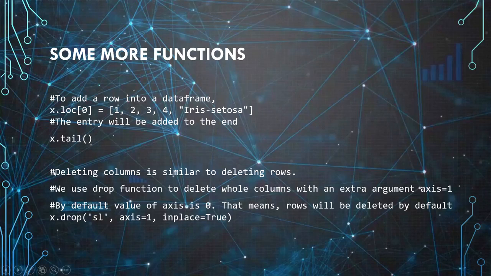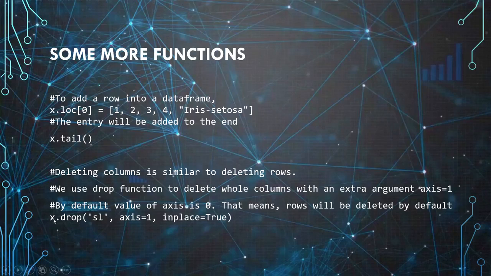And then next is deleting a column, which is similar to deleting rows. We use the drop function to delete the whole column with an extra argument axis equal to 1. By default the value of axis is 0, that means rows will be deleted by default. Axis equal to 0 means rows, x axis basically. Axis equal to 1 means columns, which is the y axis basically.